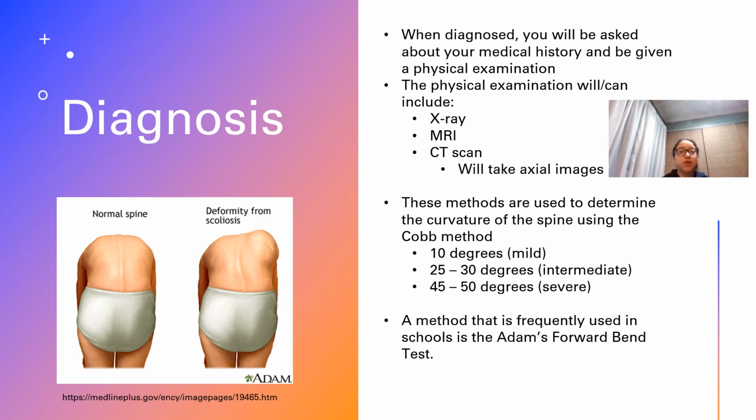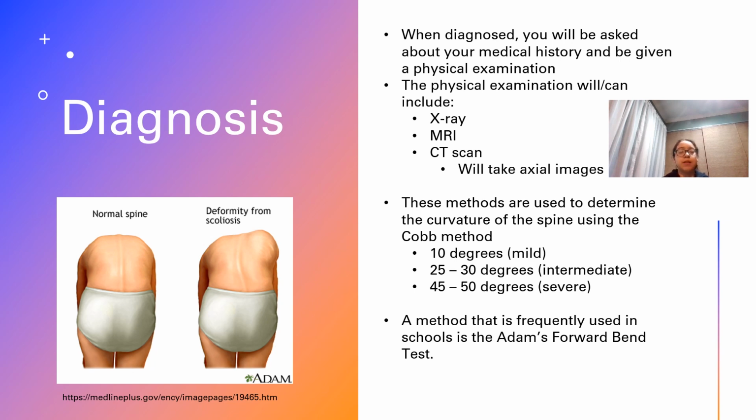When being diagnosed, you will first be asked about your medical history and family medical history, and then you will undergo a physical examination, which will be conducted using an X-ray, MRI, or CT scans. For CT scans, these images will be taken from the axial side.